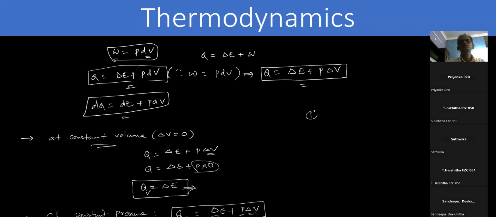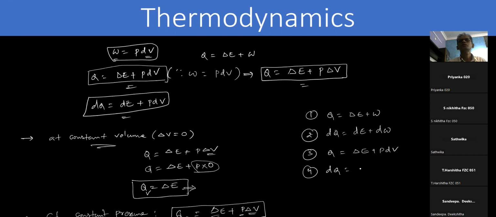What we have seen: Q equals delta E plus W. This is the first one. Second one is dQ equals dE plus dW. Third one is Q equals delta E plus PdV. Fourth one is dQ equals dE plus PdV.